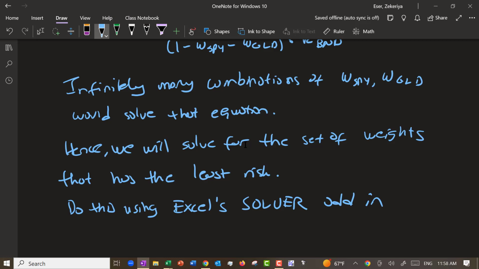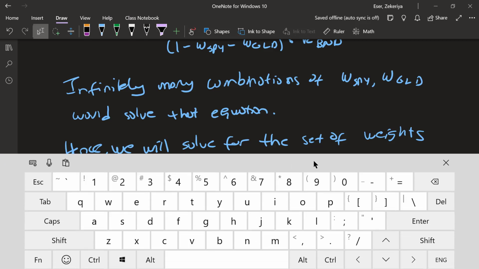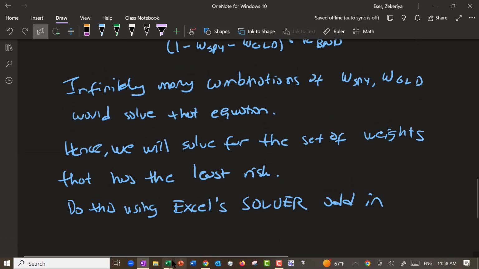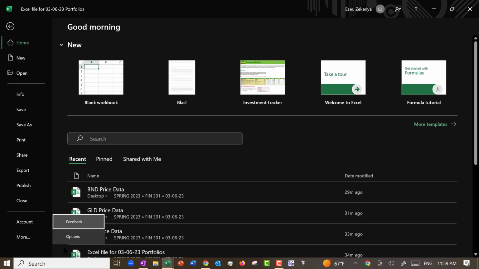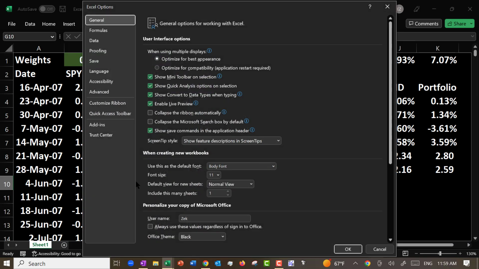If you're doing this on your own computer, you're going to do this only once. If you're doing this with the computers here, you're going to have to do it every time. Go to File, Options, down around here, click Add-ins. At the bottom of the screen to the left, you're going to have Excel Add-ins.